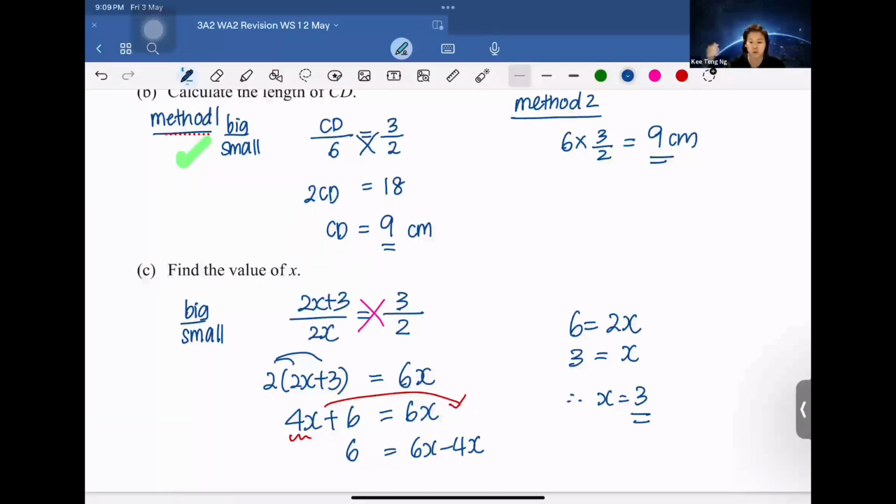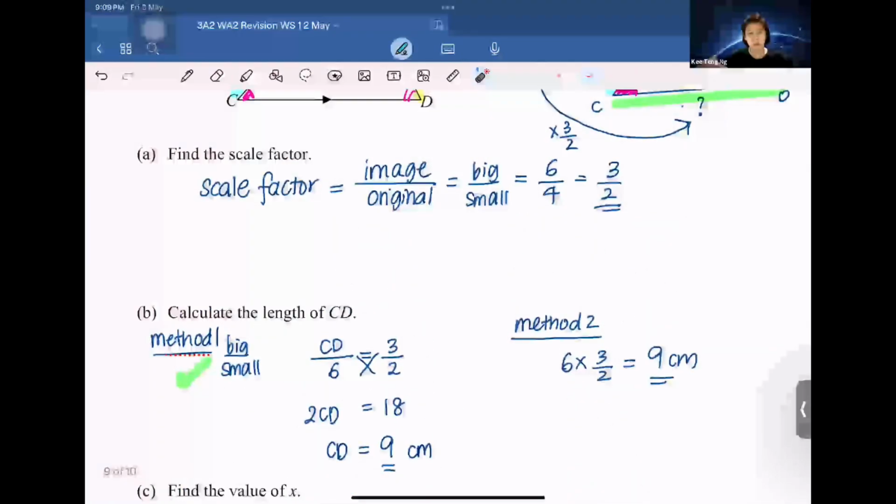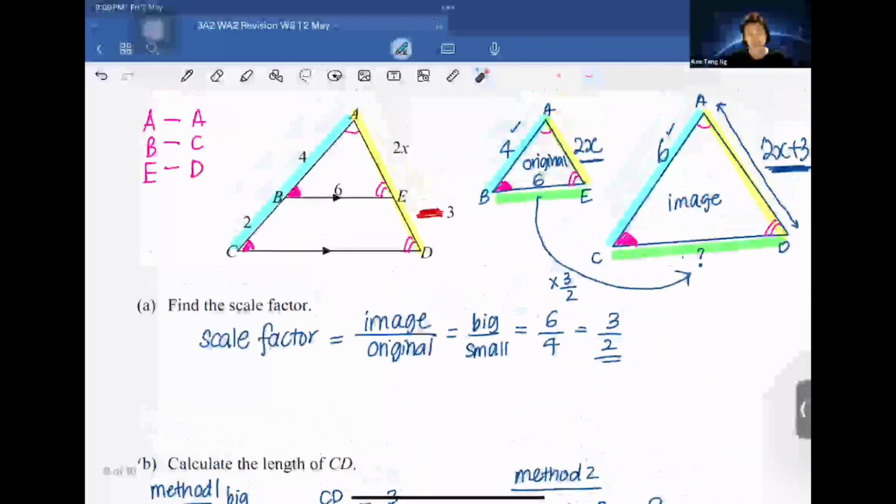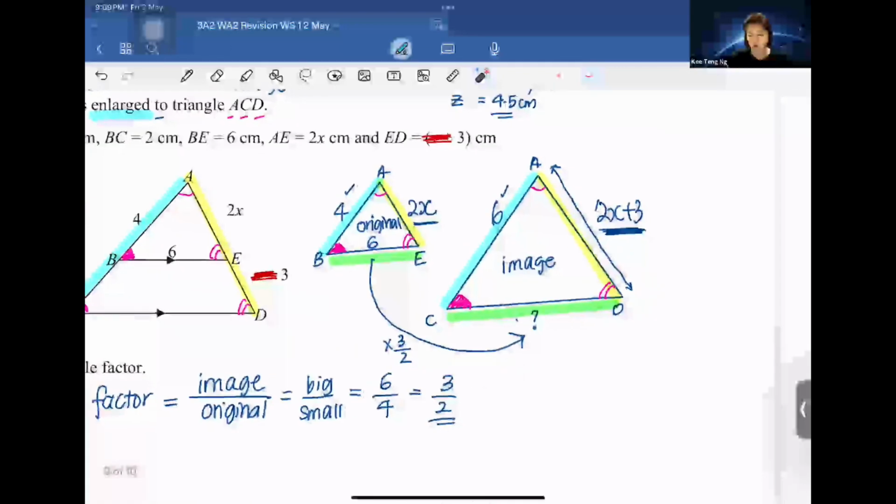Okay, so let me repeat the whole concept over here. If I want to find the value of x on similar figures, we'll try to use method number 1, the ratio using a pair of fractions. I already have a scale factor, in this case big over small. So I need to find corresponding sides that have the letter x involved in them.